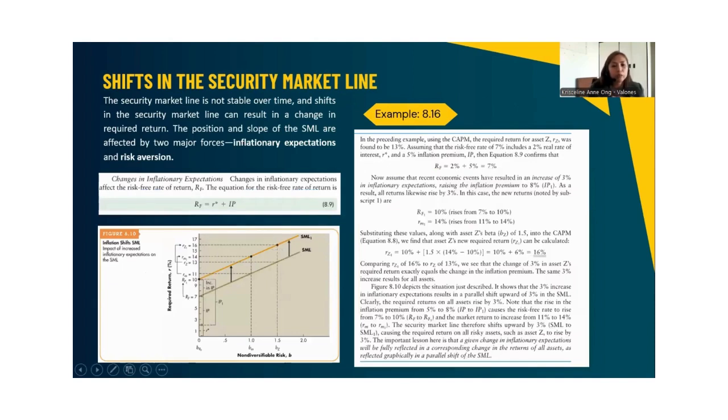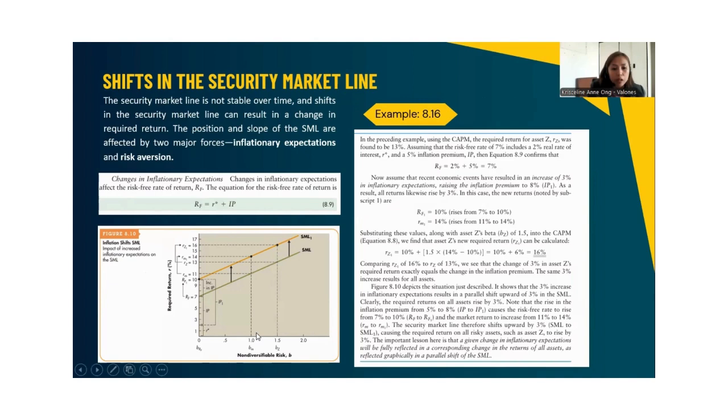Shifts in the security market line. In the given example, there can be changes in the security market line. The cause of that will be inflationary expectations. When the market experiences inflation, the security market line will go up.